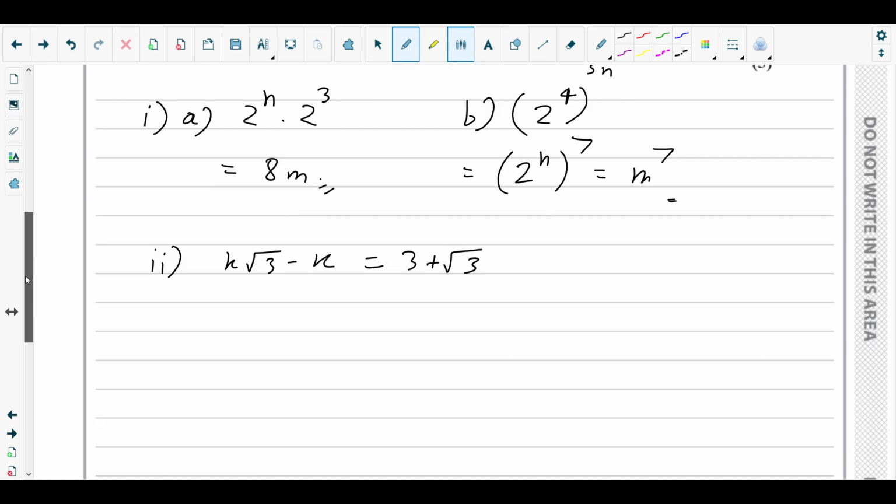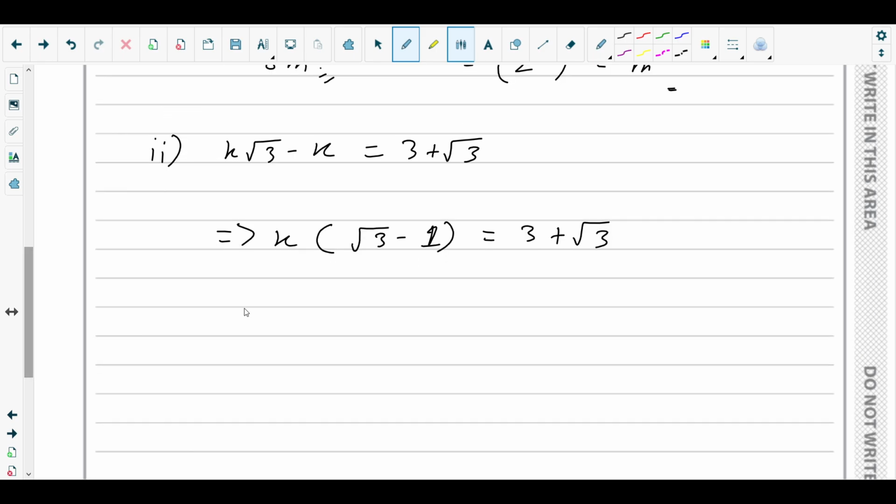Now we can take x common because we need to make x the subject. So x times (square root of 3 minus 1) equals 3 plus square root of 3. Making x the subject, we get 3 plus square root of 3 over square root of 3 minus 1.